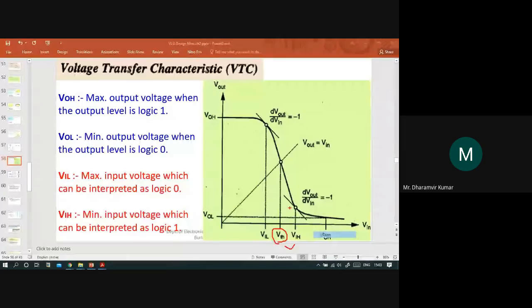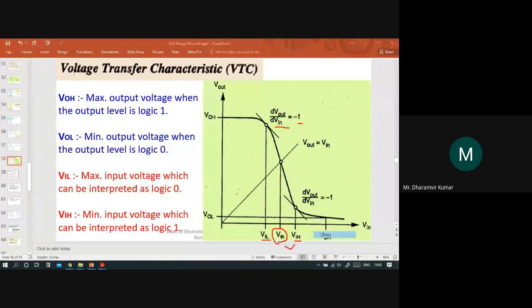How to decide VIL and VIH: when this curve is plotted between output voltage and input voltage, we should decide at what point the slope becomes equal to 1.